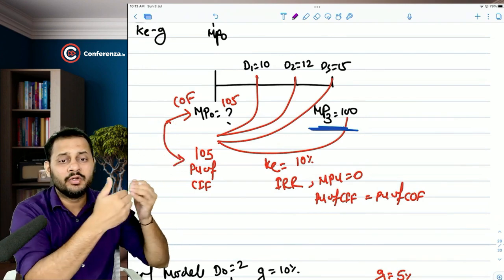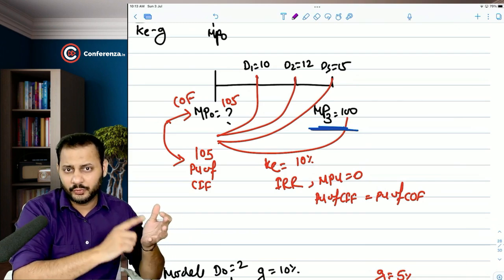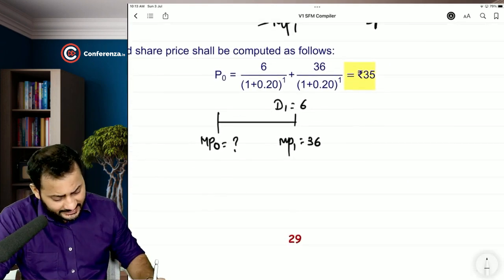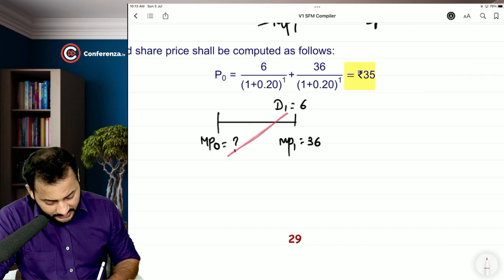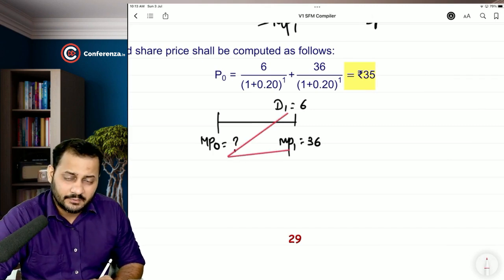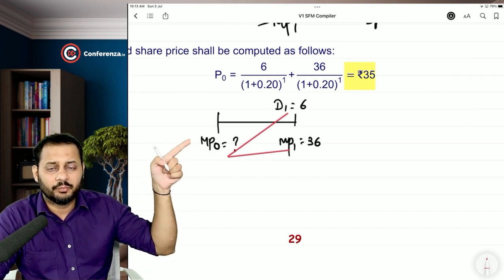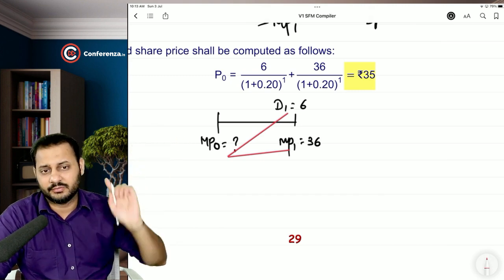By discounting the future cash flows D1, D2, D3 and MP3. In this case also we are going to do the same thing. We will discount these cash flows to present value and say that we are not earning more than that. That's why we will not pay more than that, and that's why the market price should be this much.